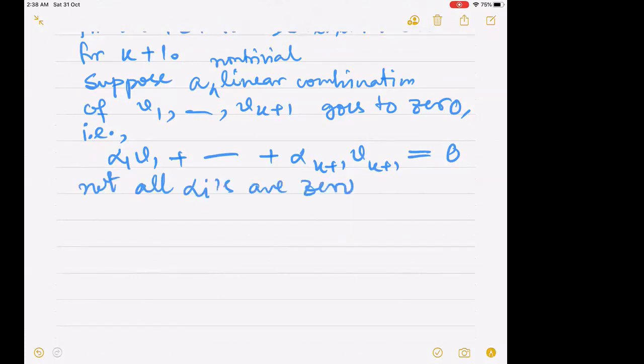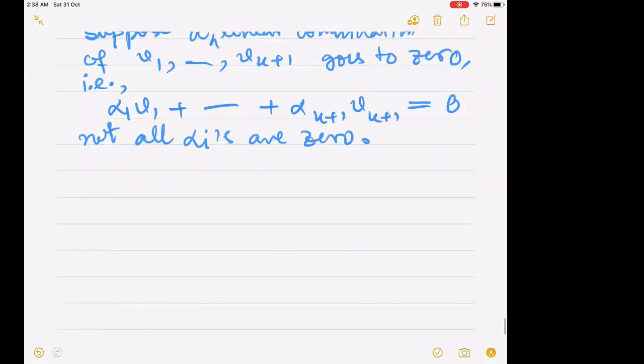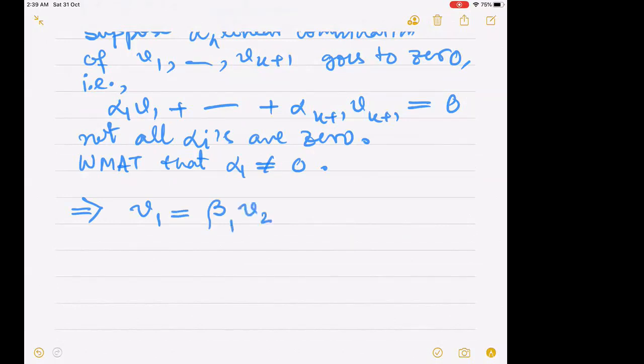So some of them must be non-zero. We may assume without loss of generality that alpha k plus 1 is not equal to 0, as notation-wise that becomes easier.